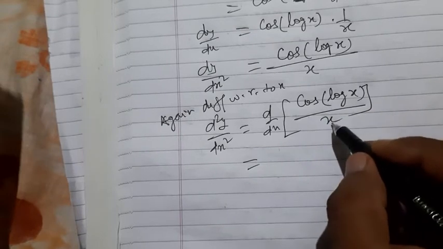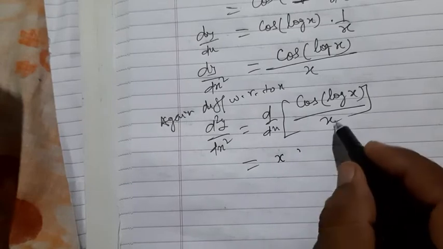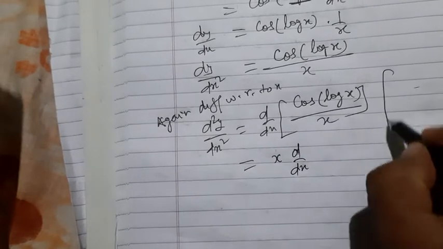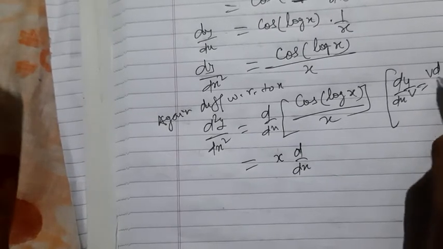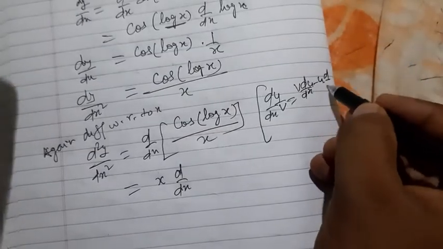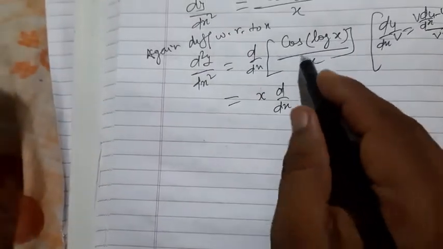We will apply the division rule here. So this is the first function, d by dx of u by v, that is v d by dx of u minus u d by dx of v upon v square. By this formula we will open this bracket.